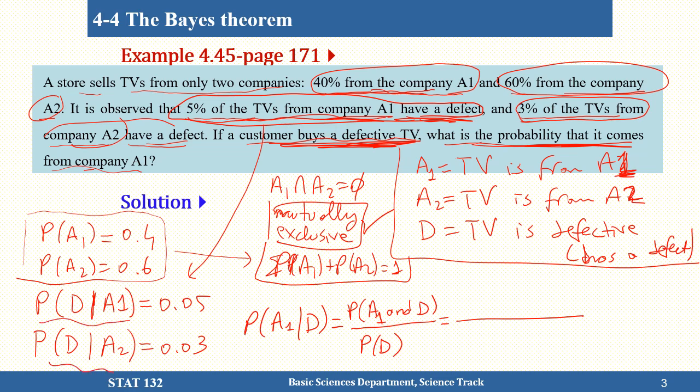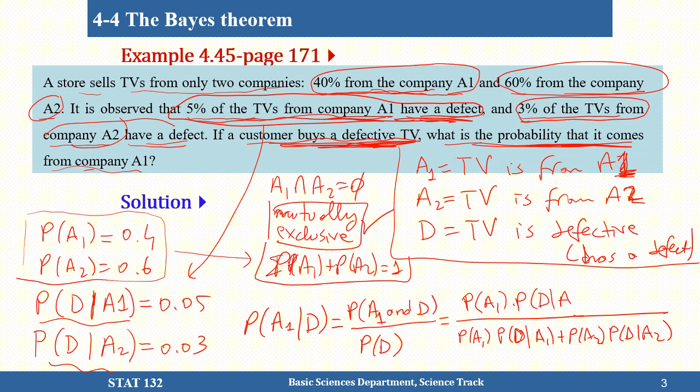Basically, that will be P(A1) times the probability of D given A1, plus the probability of A2 times the probability of D given A2. And for this one, we can also use the multiplication rule. I'm using the rules here, but you can directly refer to Bayes' theorem, and it will be the probability of A1 times the probability of D given A1.